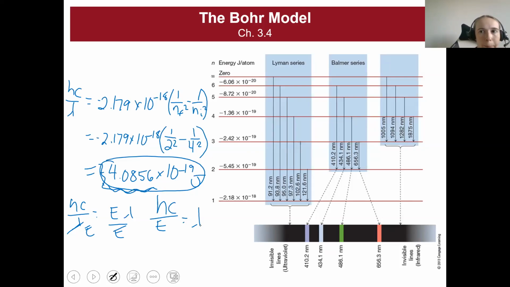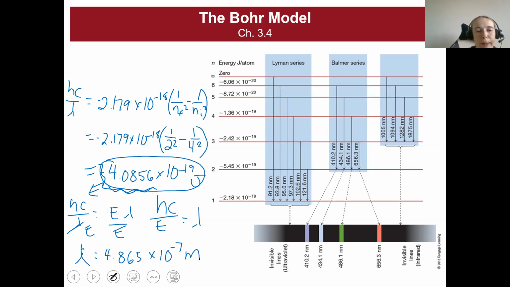So let's see what we get. When I plug that into my calculator, using this number as E, 6.626 times 10 to the negative 34th joule seconds as Planck's constant, and 3 times 10 to the positive 8 meters per second as c, I get my wavelength to be equal to 4.865 times 10 to the negative 7th.